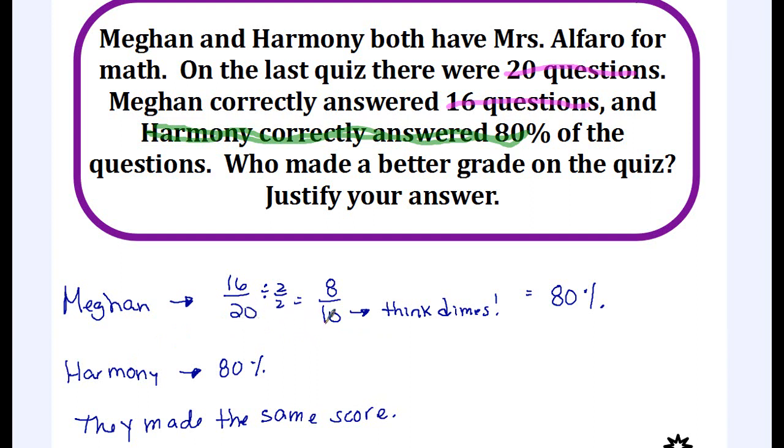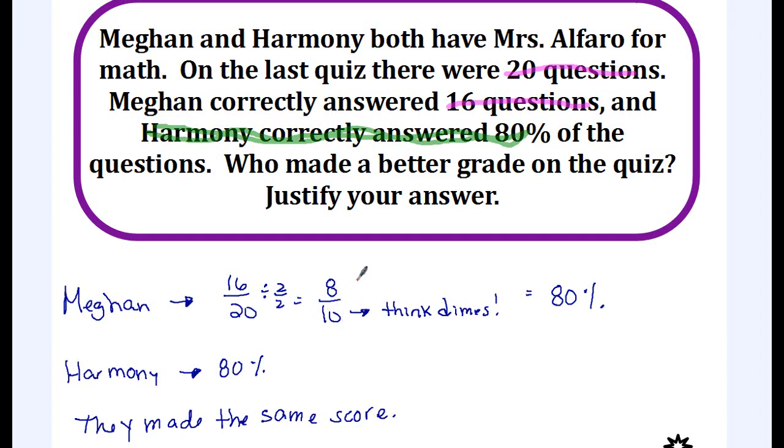We could divide by 2 and it would give us 10 cents. And that's good because that's a dime. And 10 dimes make a whole dollar. So we're going to divide this denominator by 2. We have to do the same thing to the numerator, and 16 divided by 2 is 8. So we get 8/10 as our simplified fraction.